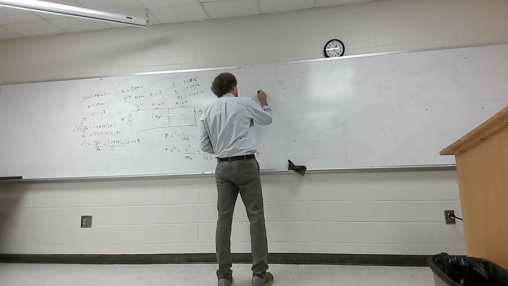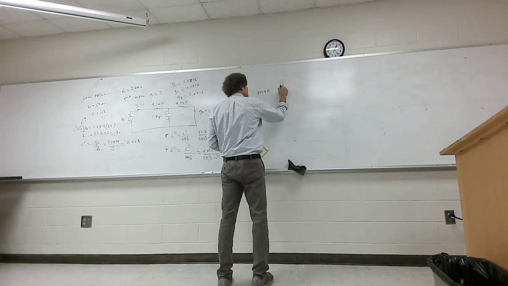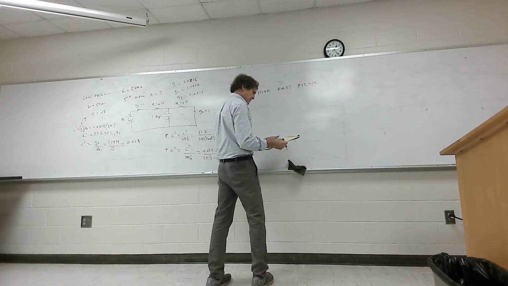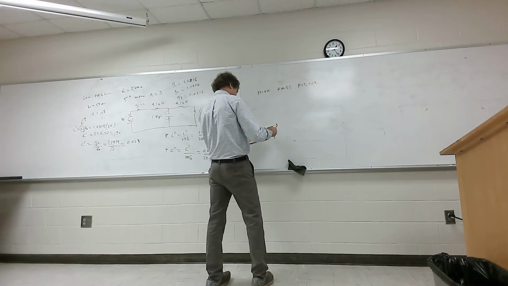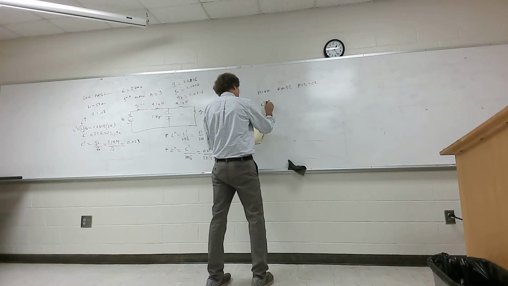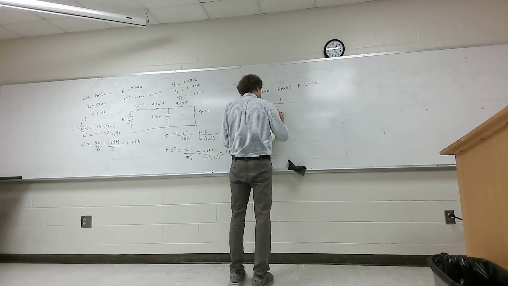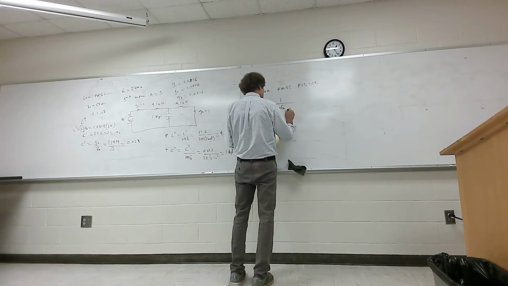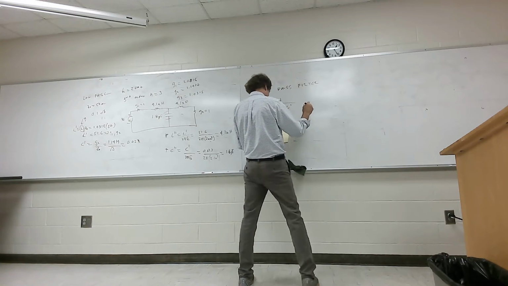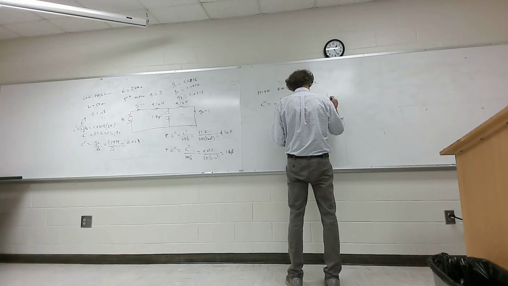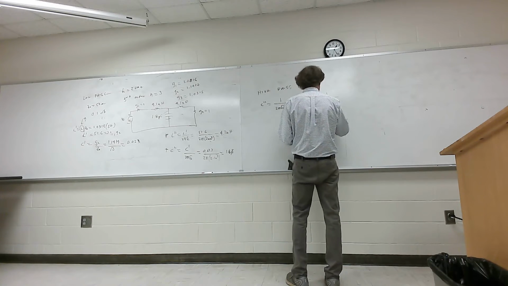So this is a high pass filter. What happens is C double prime will become 1 over 2 pi FC, corner frequency, times L prime. And L double prime will become 1 over 2 pi FC times C prime.